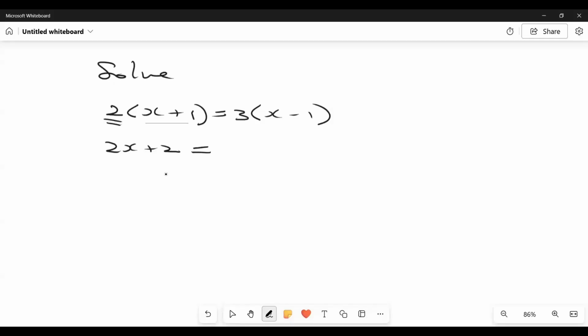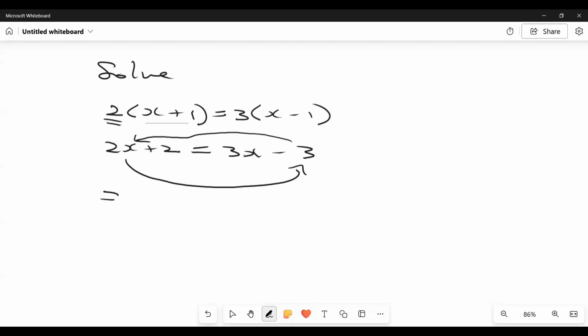Equal to 3 by x is 3x. 3 by minus 1 is minus 3. See? And then you can do a quick shortcut if you want. You bring this over here and you take that over there. And you end up with, this minus 3 when it goes over becomes a positive 3 plus 2 equal to 3x minus 2x. So 5 then is equal to x, right? Or you can write that as x equals 5.